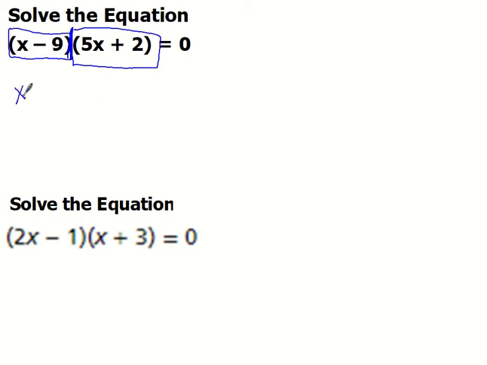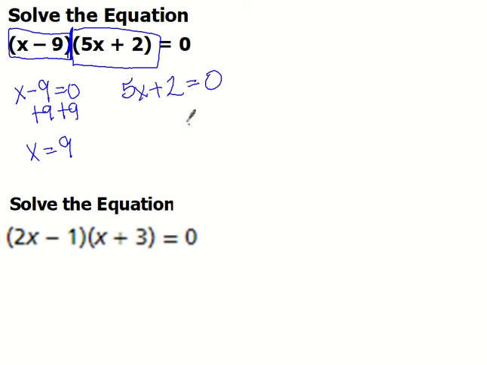So we would go x minus 9 equals 0. We would add 9, inverse operations, and one of my solutions is 9. I would then take my other one, 5x plus 2 equals 0. This is a two-step equation. We are going to solve it just like we would a two-step equation. So minus 2, we get 5x equals negative 2.